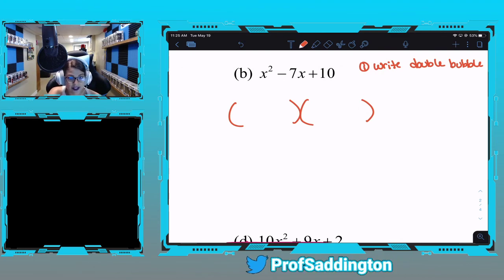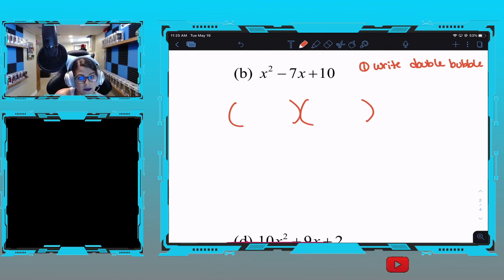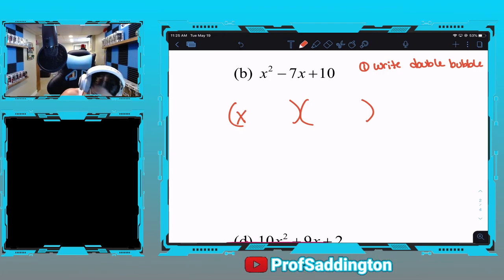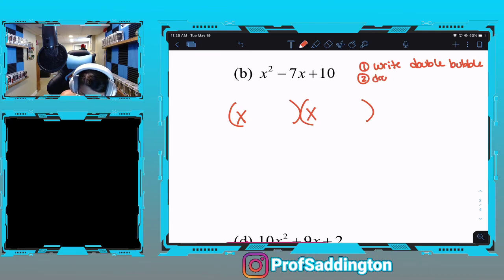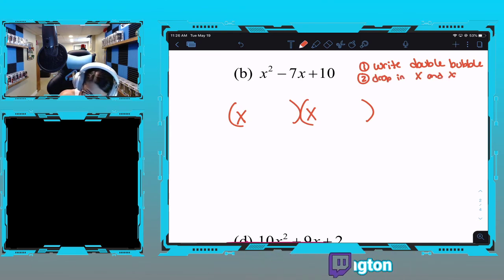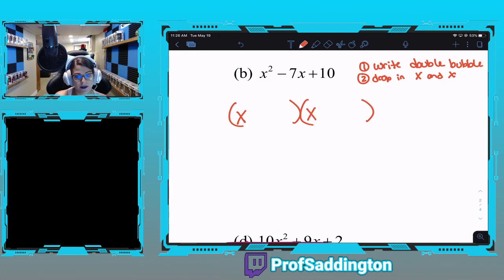After I write down the double bubbles, I know when I go to multiply these that I need to get an x squared. So then I'm just going to insert my x in my x. So step 2 is drop in the x and x in both your bubbles.